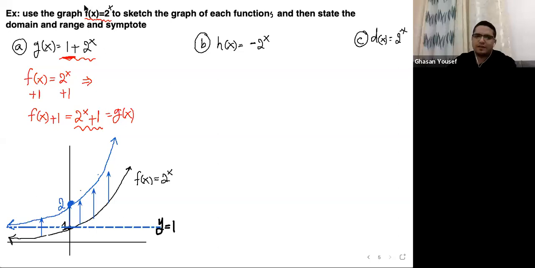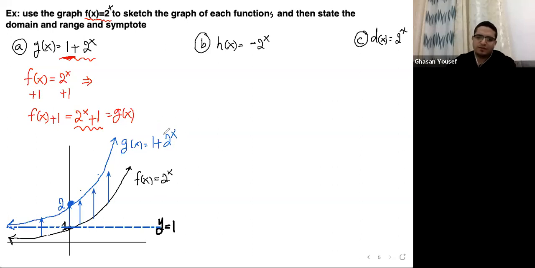Okay, the blue curve is my new curve. It's g of x, g of x equal 1 plus 2 to the power x.